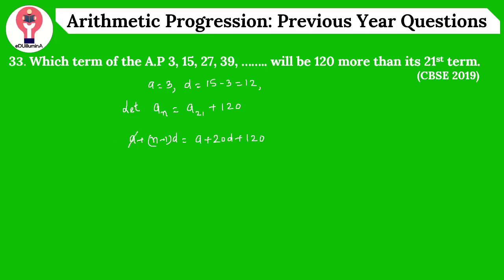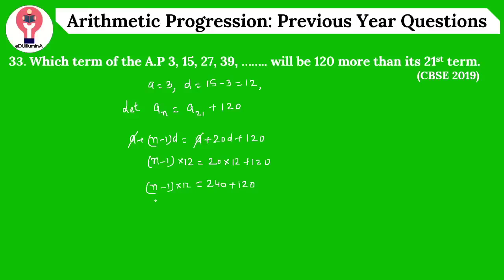Now a cancels out, and we want to find out (n minus 1) into d, which is 12, is equal to 20 into d, 20 into 12 plus 120. 20 into 12 is 240 plus 120.